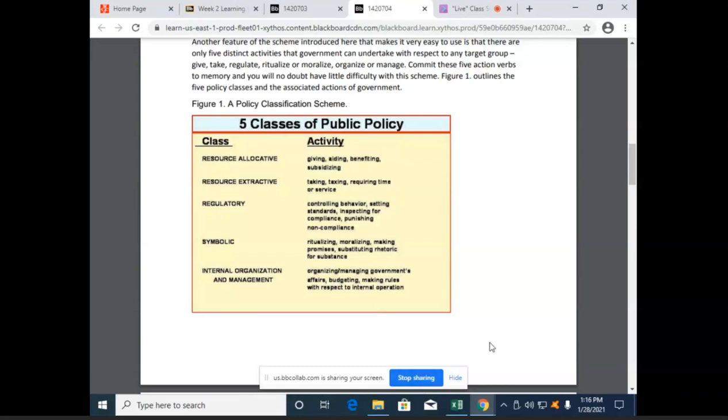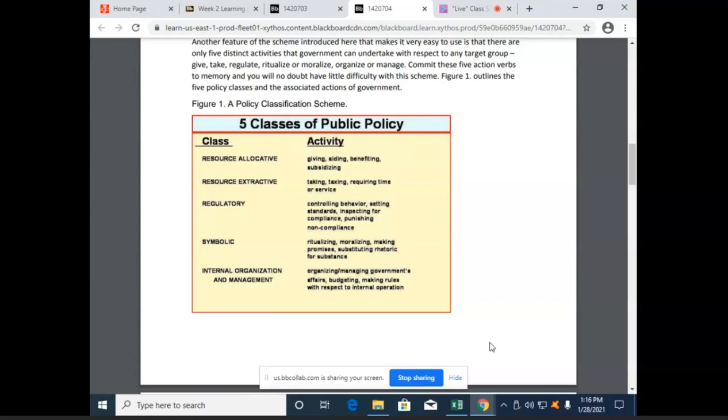Now, government can give to all kinds of target groups. Don't make the mistake, as I've discovered over the years that many students seem to make, of assuming that when we talk about resource allocator policy, we're talking about public assistance or welfare programs. Government can give to the poor, but there are lots of other primary target groups that government can give to as well.